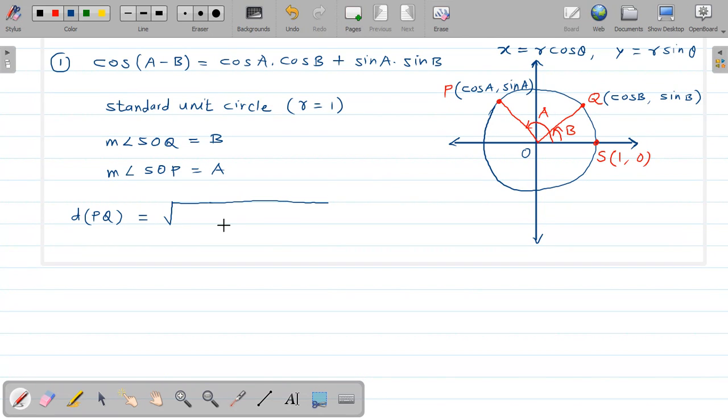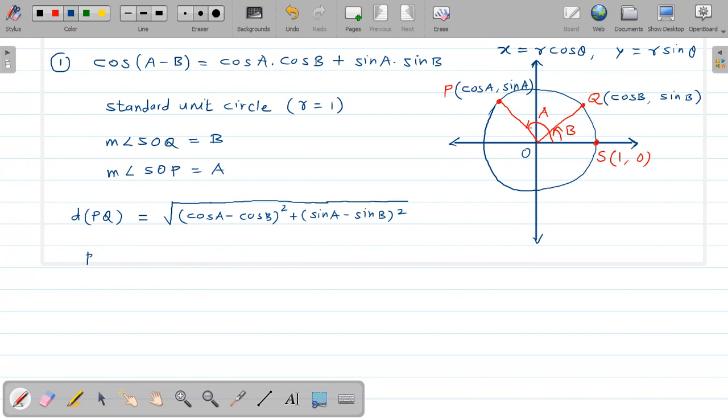So with respect to this figure, distance PQ will be, see here, cos A minus cos B bracket square plus sin A minus sin B bracket square. Okay, we get this distance.